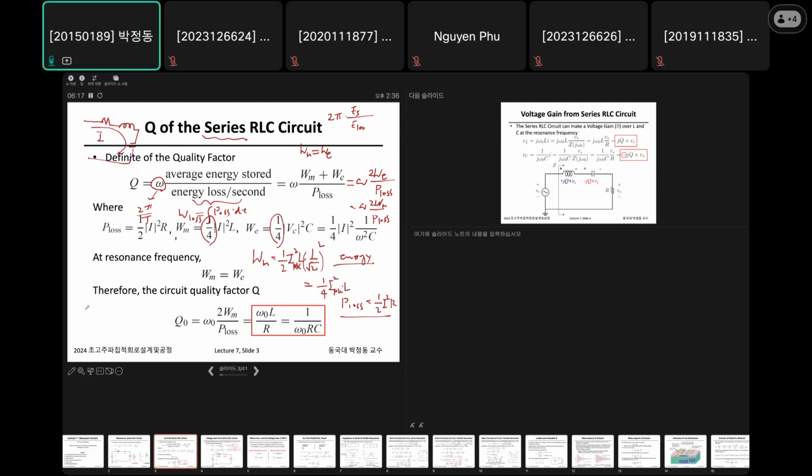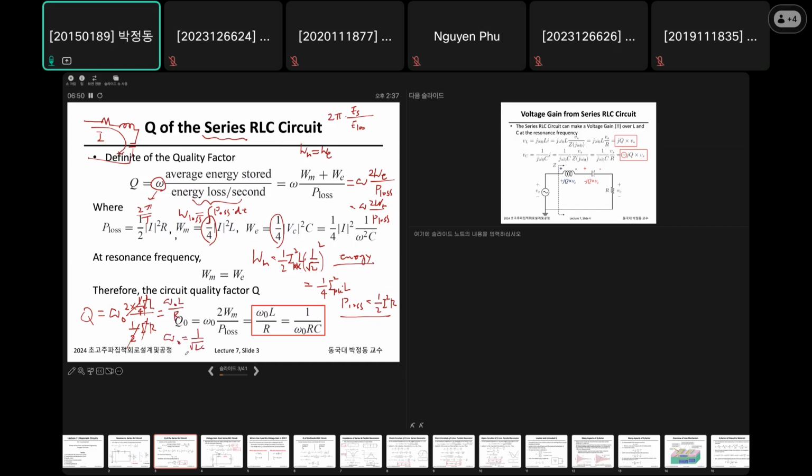Therefore, Q is omega 0 multiplied by this, and this is 1/2 of I squared R. This is 2 multiplied by 1/4 of I squared L. So they just cancel out, and what is left is omega 0 L divided by R. This is Q. As I said before, omega 0 is 1 over the square root of LC.